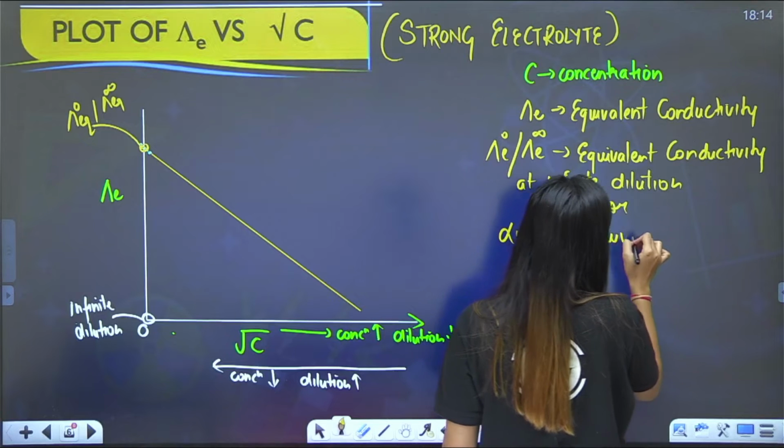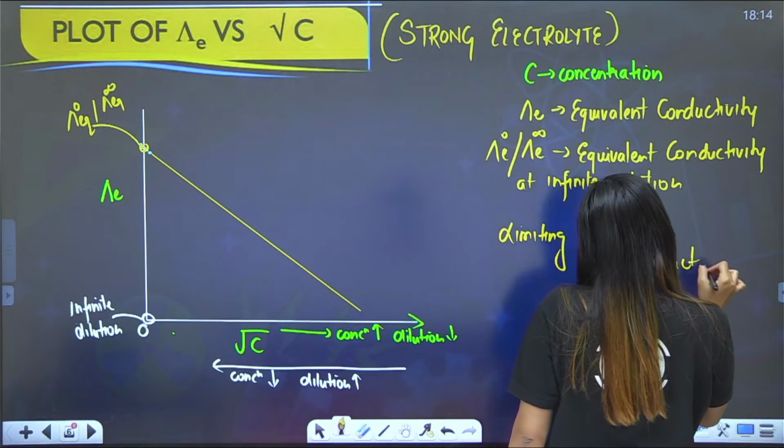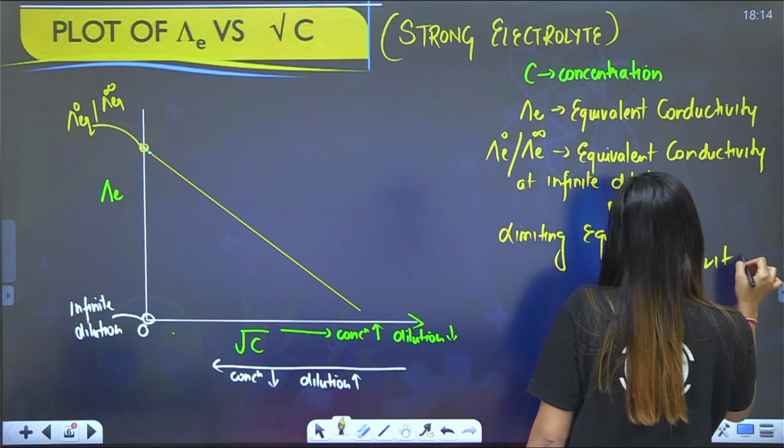Both of them mean the same thing. Okay, I hope you're clear with this.